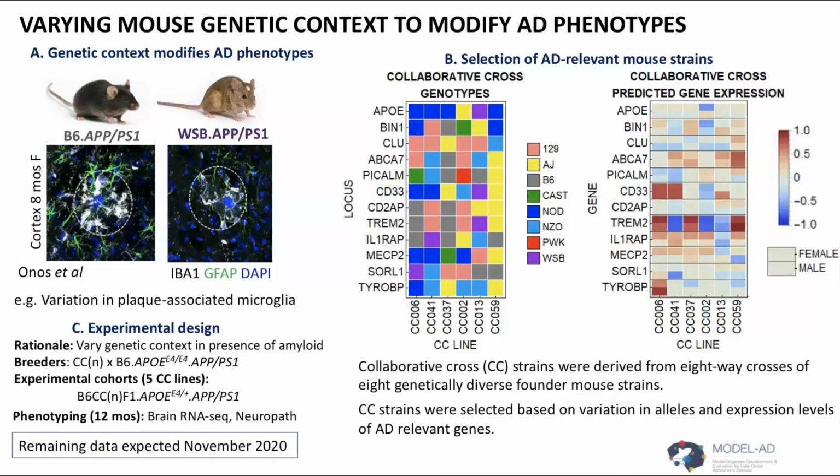So the experimental design for this study is to vary the genetic context in the presence of amyloid. To do that, we're taking the CC lines and making F1s with mice that are homozygous for ApoE4 and hemizygous for APPPS1. So every mouse will be F1 for B6 and the CC line, have one copy of ApoE4, and either inherit or not the APPPS1 transgene. This gives us littermate controls at the same time.